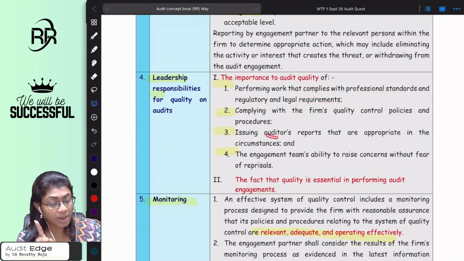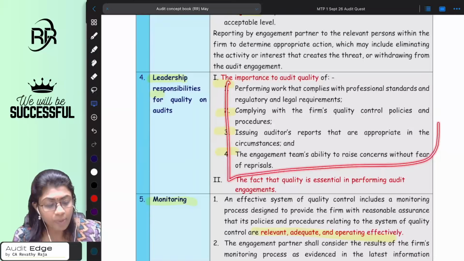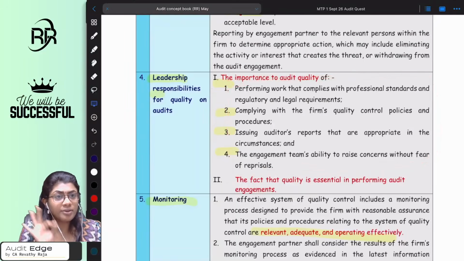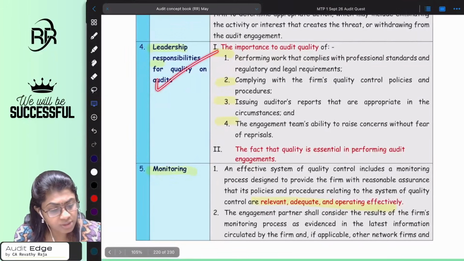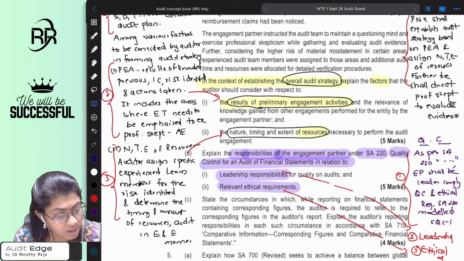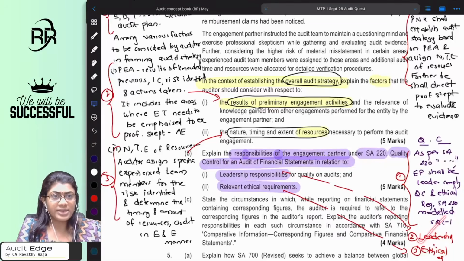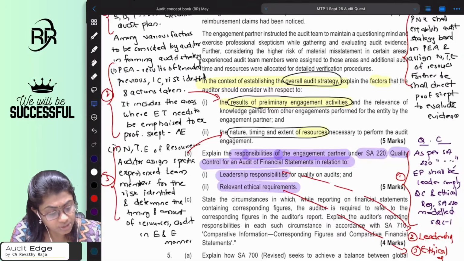He shall issue the appropriate reports, and he shall also have the ability to raise concerns of the team without fear of reprisals. So these four points you should clearly write. And this should be the second para regarding the leadership.